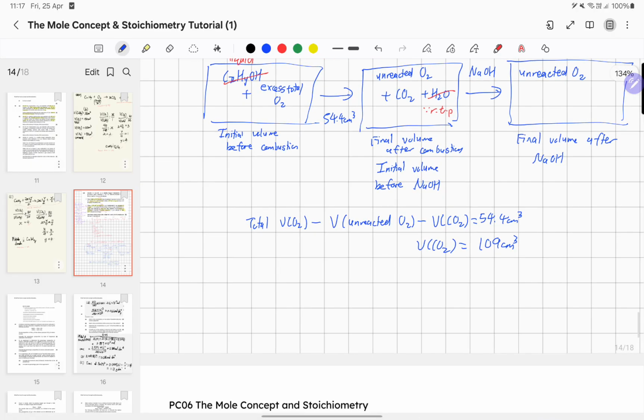Okay, so if you want to make use of these two equations, realize that this whole thing actually translates to V reactor O2.